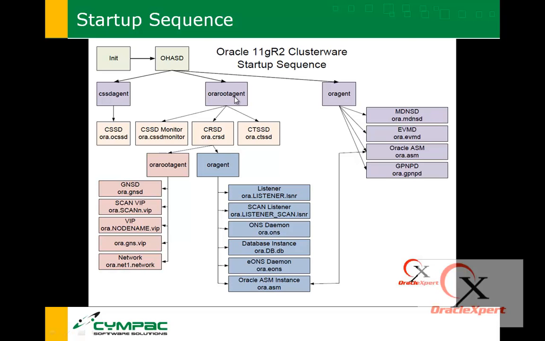Those daemons themselves are CSSD monitor, CRSD and CTSSD. CSSD monitor is nothing but the Oracle Cluster Synchronization Service Daemon monitor. CRSD, the Cluster Ready Service Daemon, is responsible for starting cluster application resources, and CTSSD is the Cluster Time Synchronization Service Daemon.